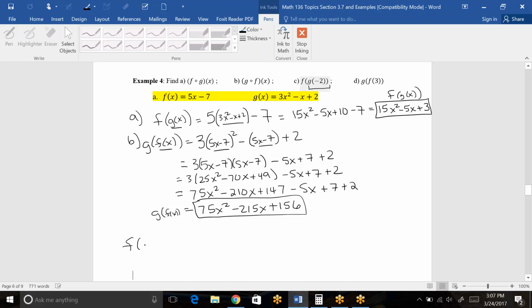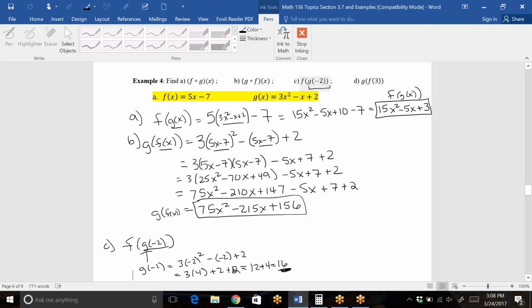So if I want to do f of g of negative 2, I'm going to take a second and actually figure out what g of negative 2 is. So g of negative 2 is 3 times negative 2, because I'm using the g function, squared minus negative 2 plus 2. That's 3 times 4 plus 2 plus 2. That is 12 plus 4, which is 16.